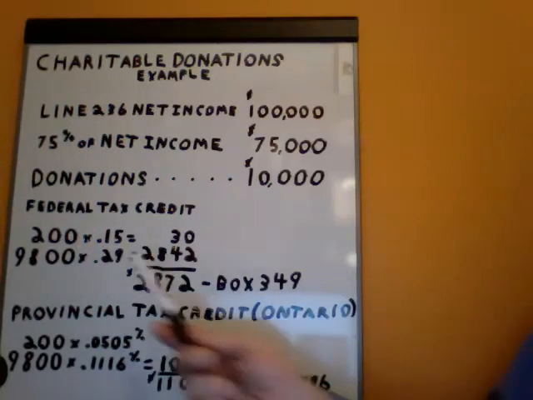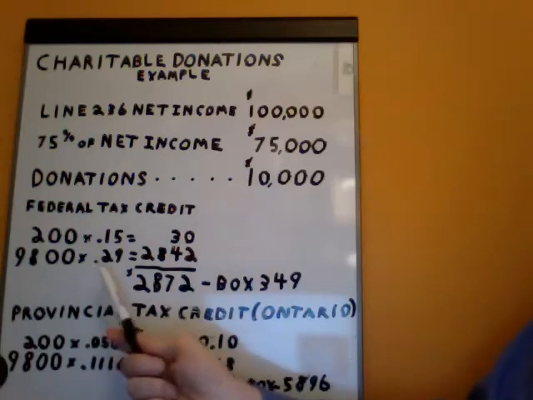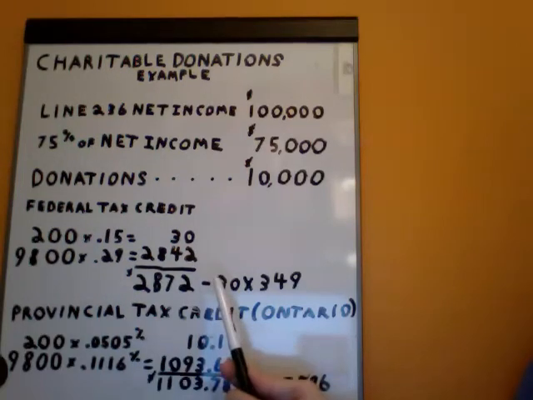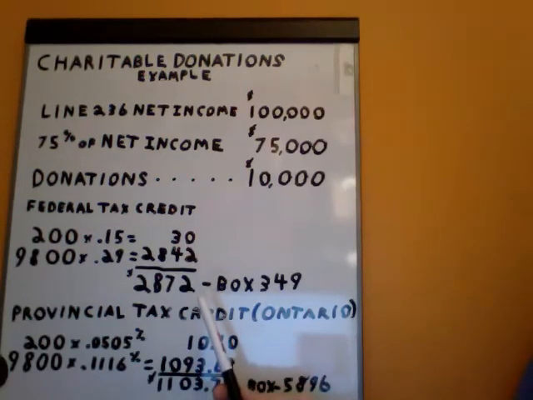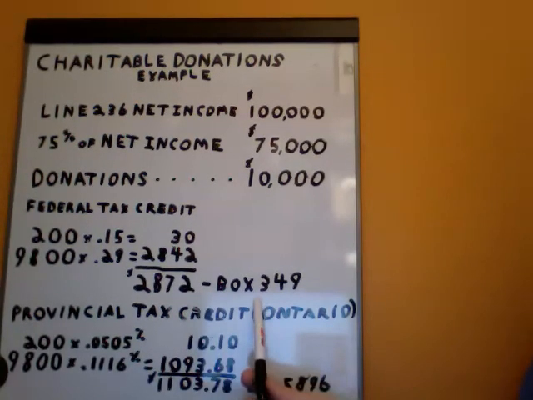The remaining donation, which is $9,800, which is $10,000 less $200, times 29% is equal to $2,842. The total amount, $2,872, would be reported on line 349 of our total non-refundable tax credits, and that non-refundable tax credit total helps reduce your basic federal tax.